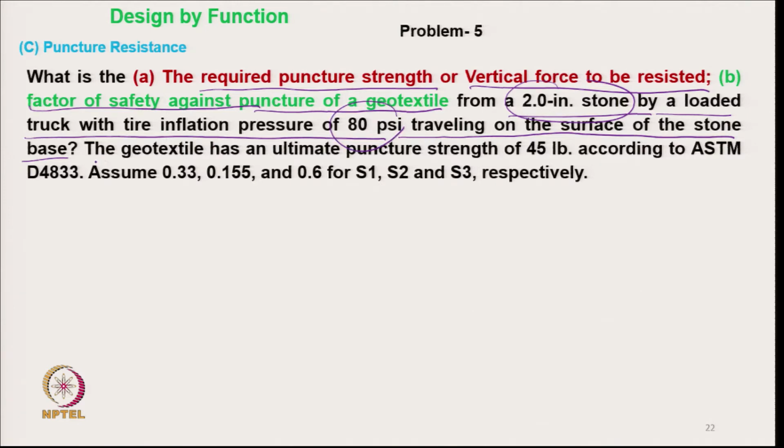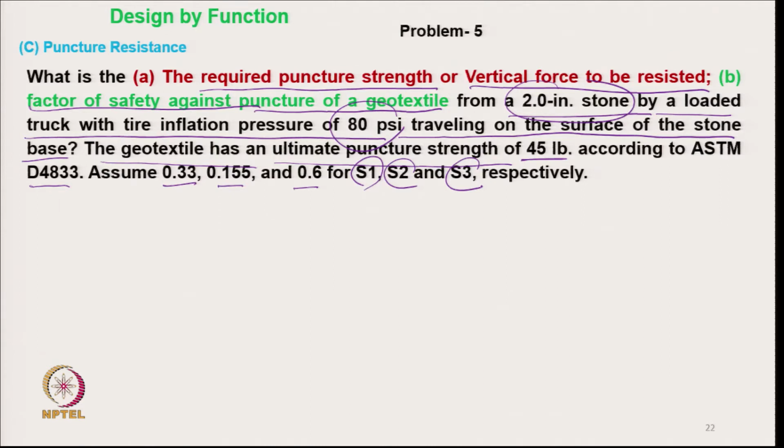The other data given: the geotextile has an ultimate puncture strength of 45 pound according to ASTM D4833, as I have already mentioned, and assume 0.33, 0.15 and 0.6 for S1, S2 and S3 respectively.